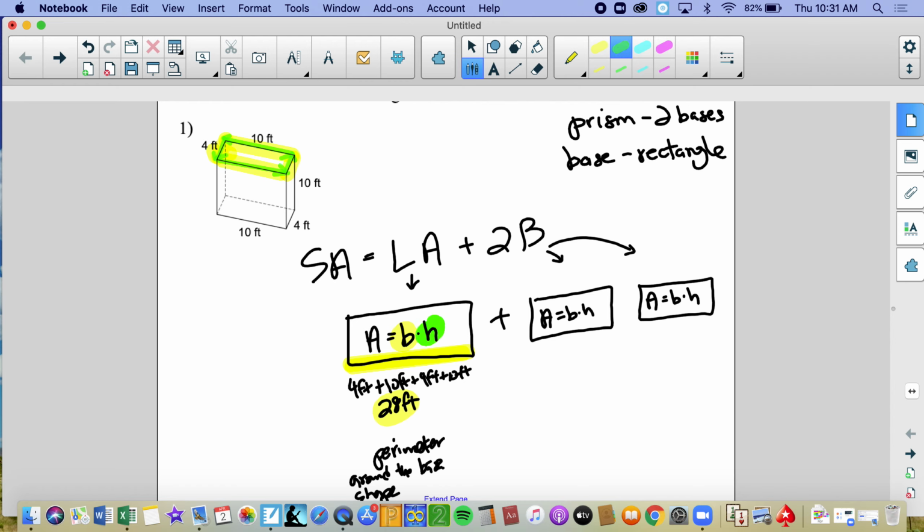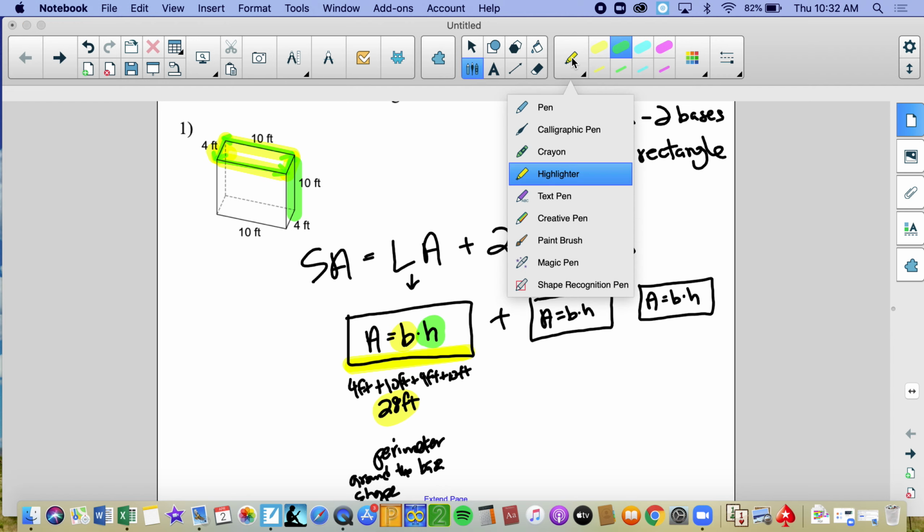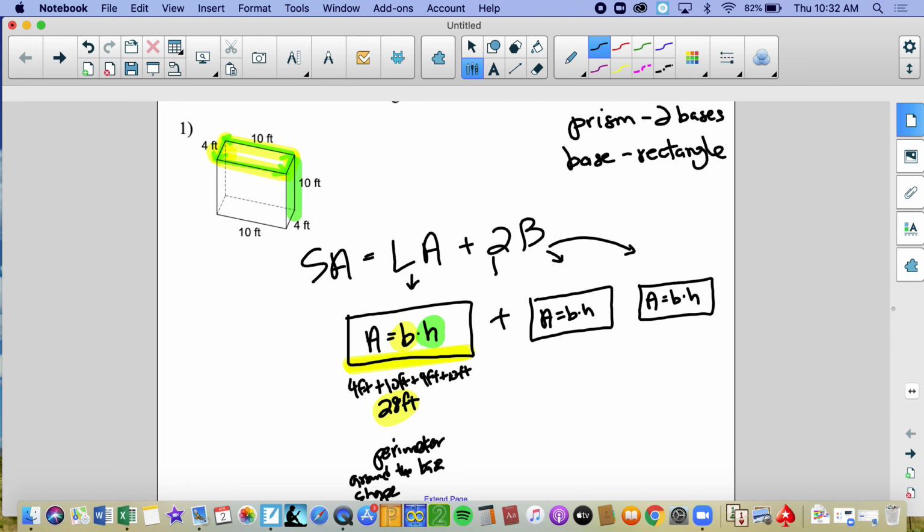The next thing we need to look for is the height. The height is going to be the distance between these two bases. Remember, my bases were the top and the bottom of this prism. These are the top and bottoms.